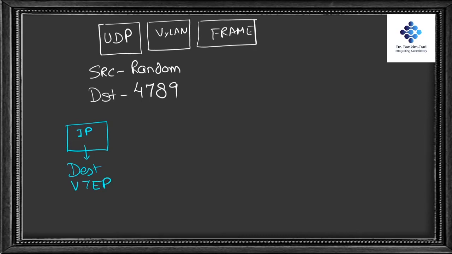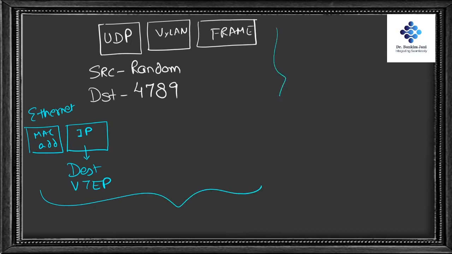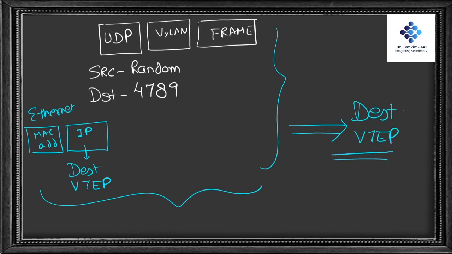And then finally, there is Ethernet, right? Ethernet, in which we add the MAC address. And this entire thing will move to the destination VTAP, going via underlay, right?